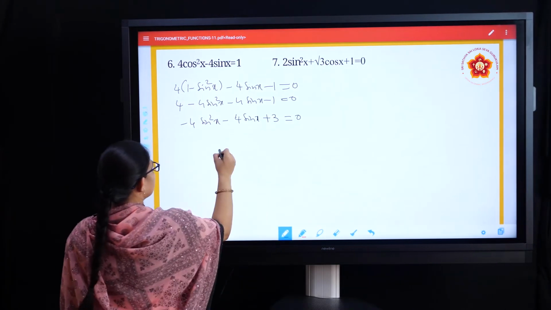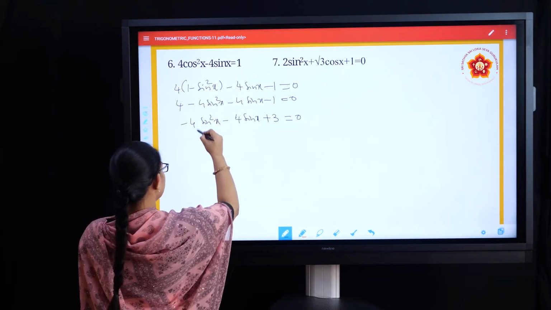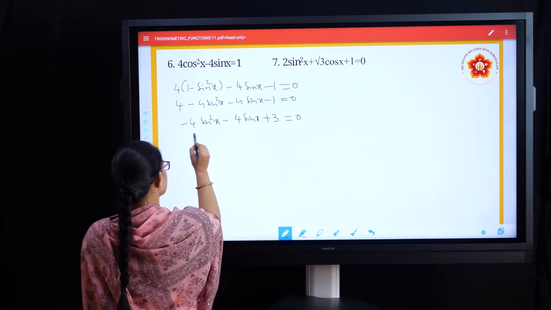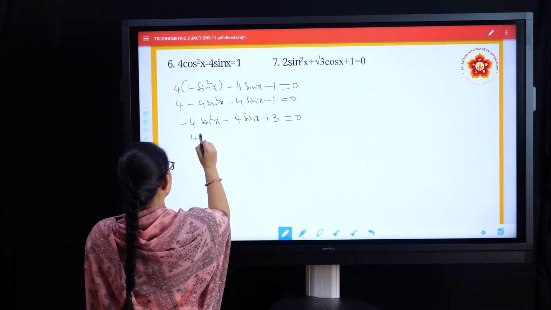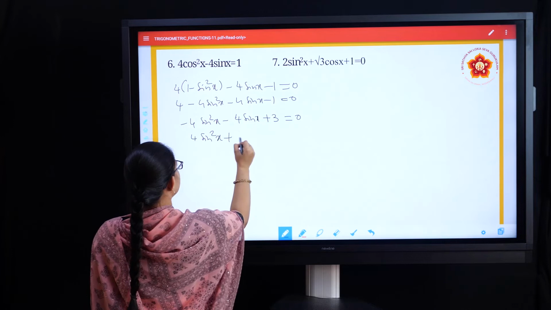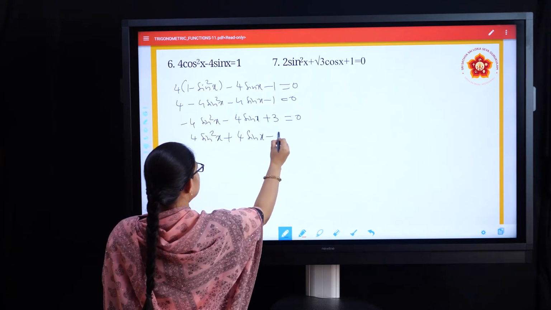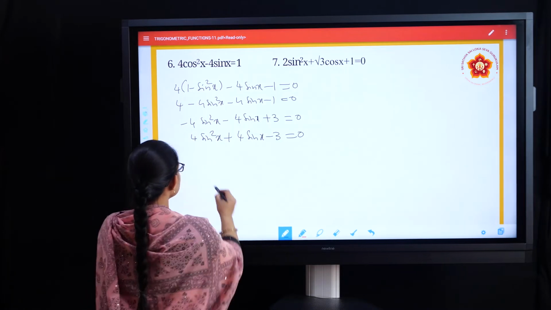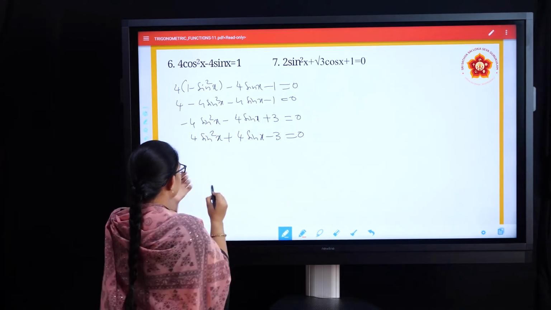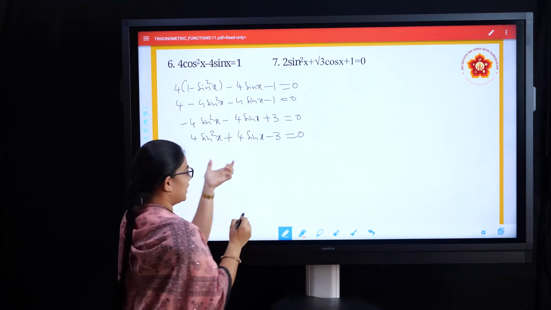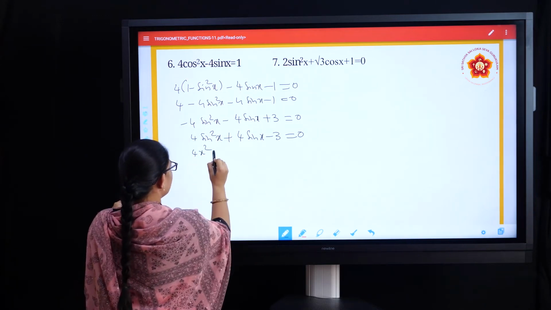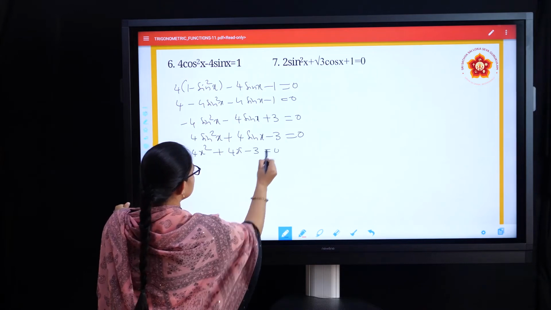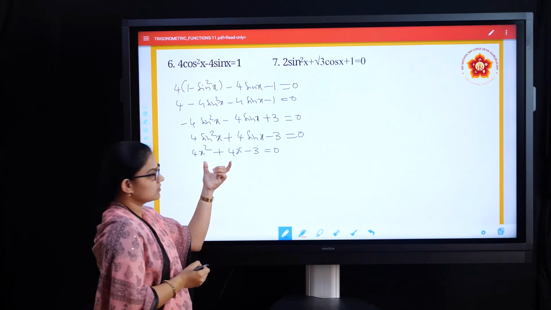Or I can rewrite that as, if I take all the terms to the other side, then here I am left with the 0. So I can write that as 4 sin square x plus 4 sin x minus 3 is equal to 0. Now if I substitute in place of sin x as some x, then I have 4x square plus 4x minus 3 is equal to 0, which is nothing but a quadratic equation.